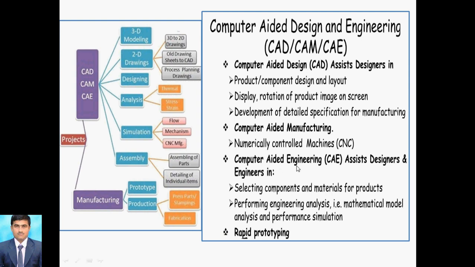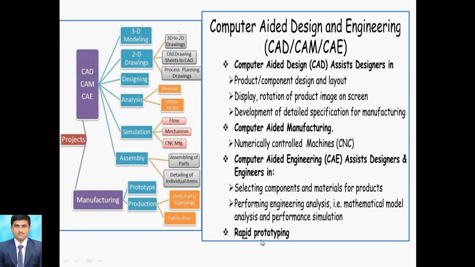The next, CAE. Nowadays, in selecting the components, we can analyze in a software base, and then we can validate with the existing product matters. So this is regarding the CAE. In CAE we can look at flow channels, mechanisms, and different analyses can be done here.